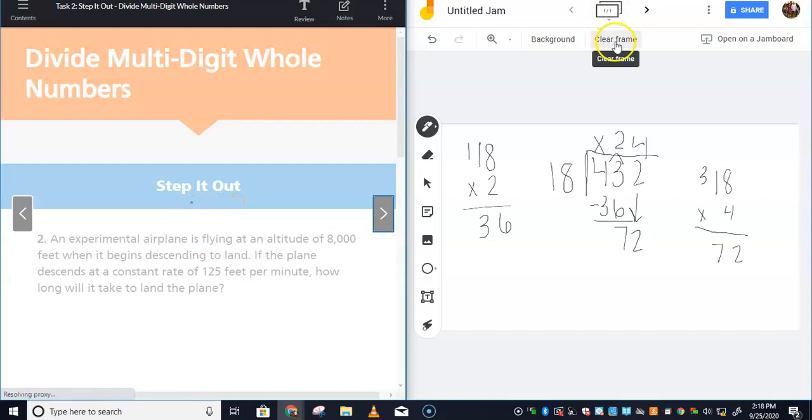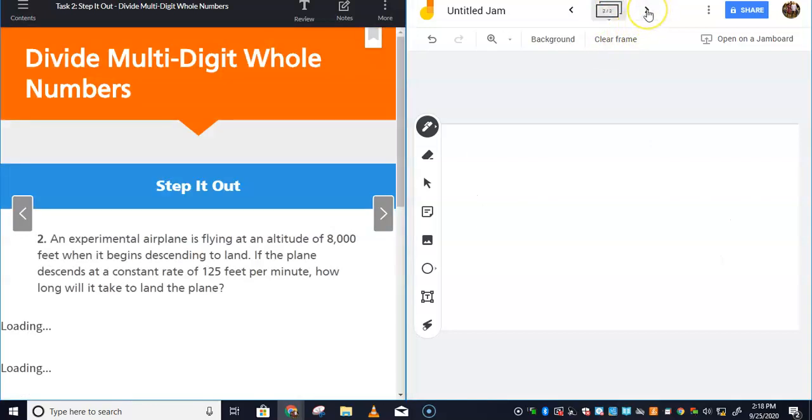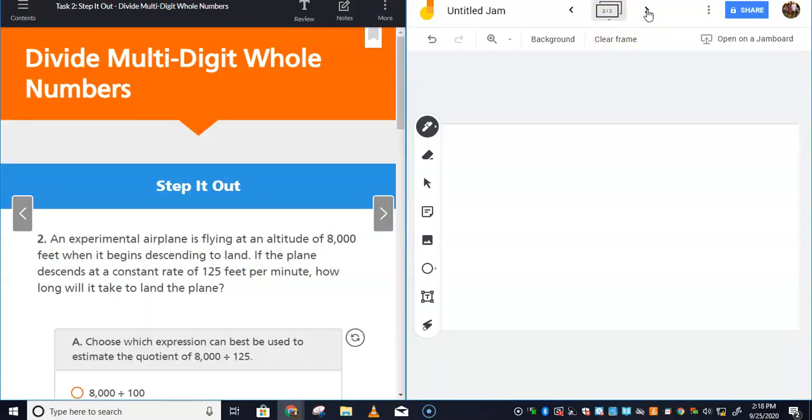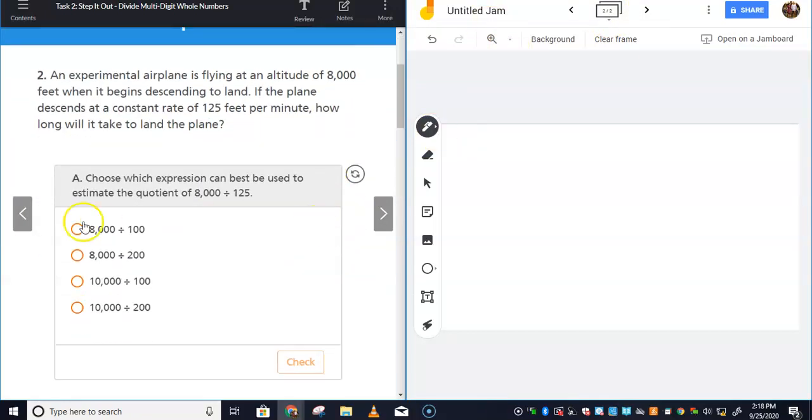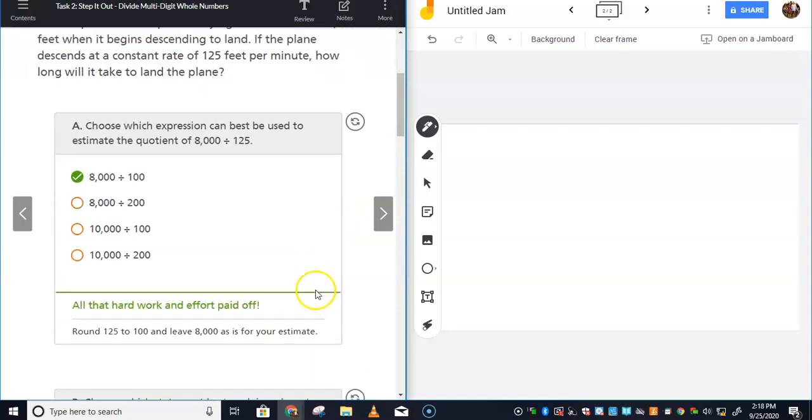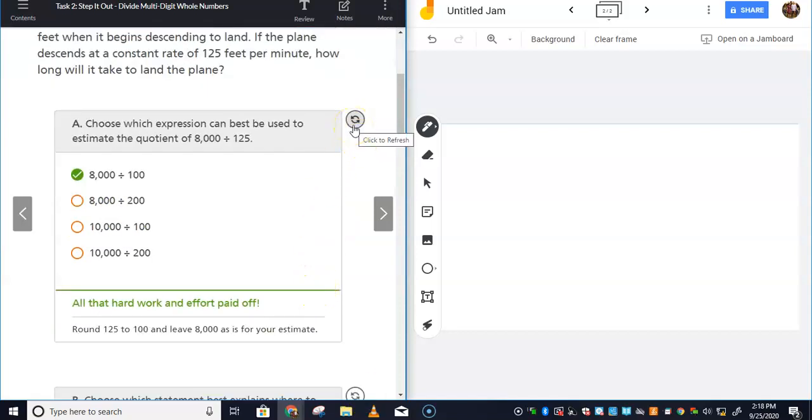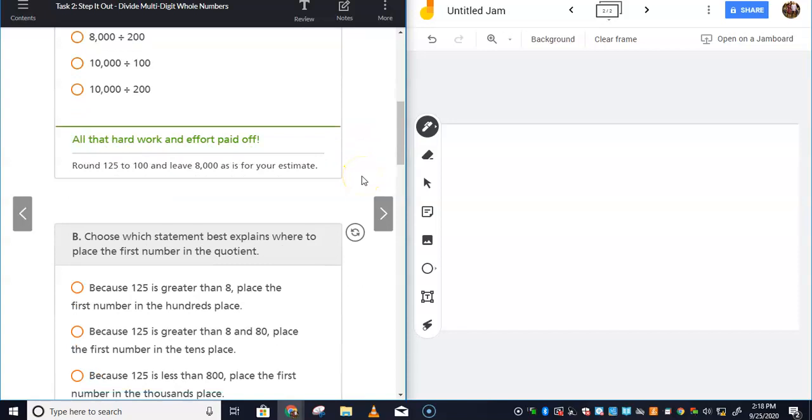An experimental airplane is flying at an altitude of 8,000 feet when it begins descending to land. If the plane descends at a constant rate of 125 feet per minute, how long will it take to land the plane? So we're going to take 8,000 and divide it by 125.